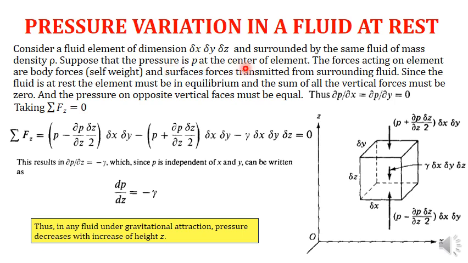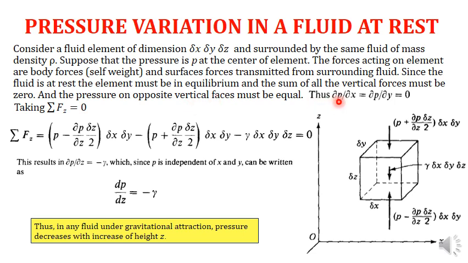The forces acting on the element are the body forces, like the self weight, and the surface forces transmitted from the surrounding fluid. Since the fluid is at rest, the element must be in equilibrium and the sum of all the vertical forces must be zero. And the pressure on the opposite vertical faces must be equal.